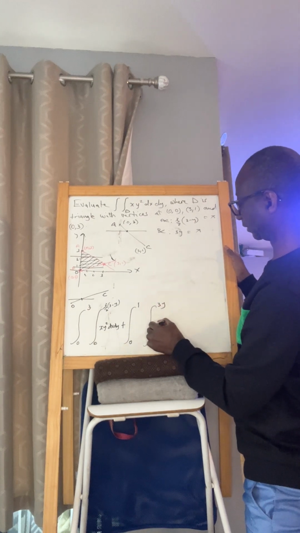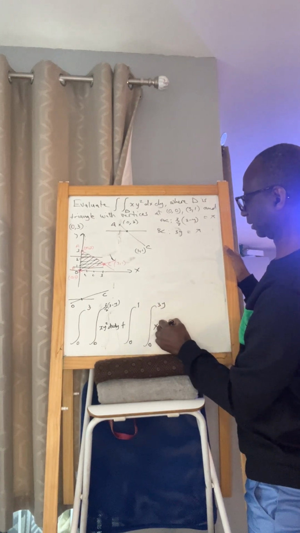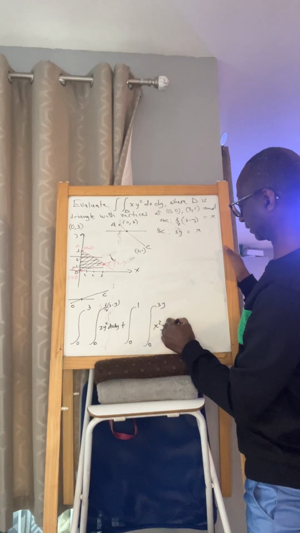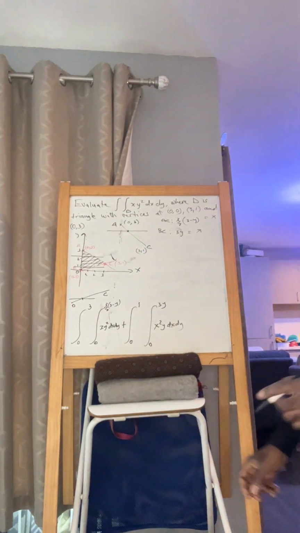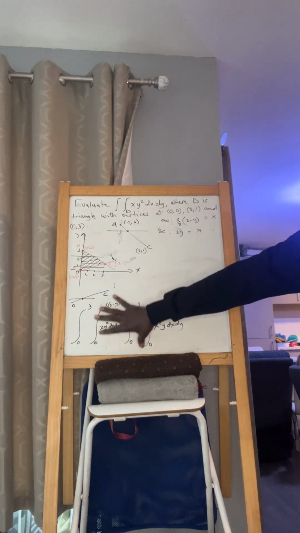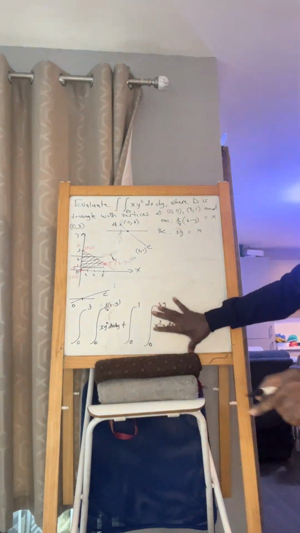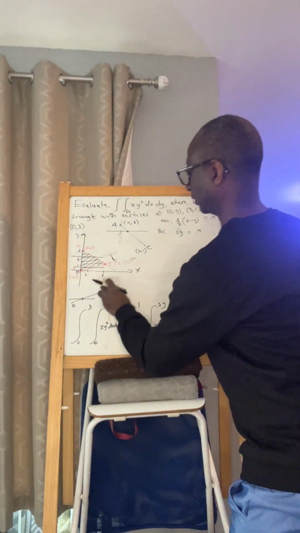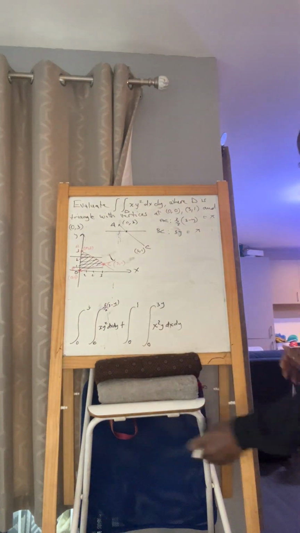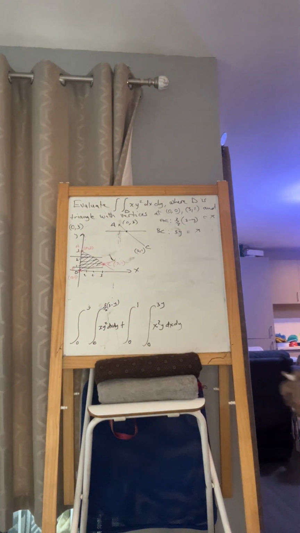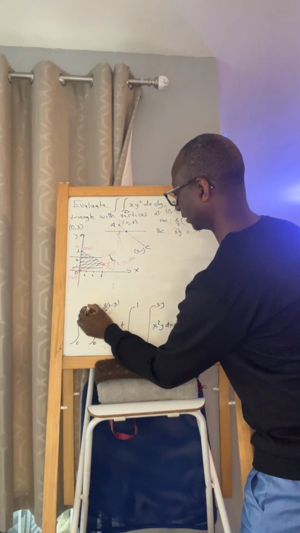And again you have x squared y dy dx dy. So the whole equation now is transformed to this integral form. This is what you get, yeah?